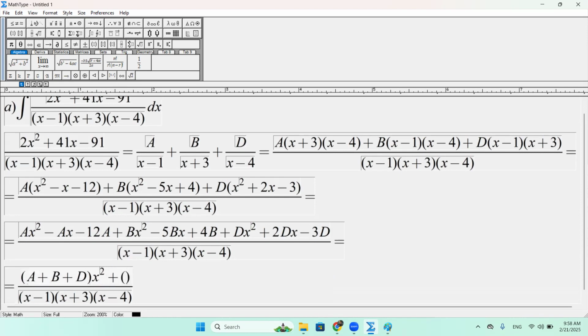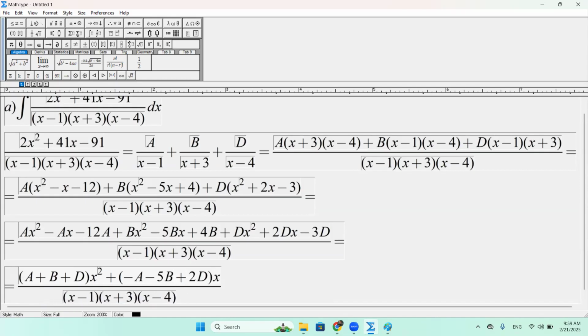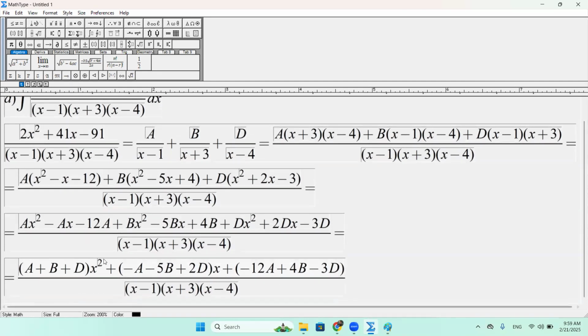For x in power 1: minus a minus 5b plus 2d. And for power of 0: minus 12a plus 4b and minus 3d. So we regrouped all these addends.